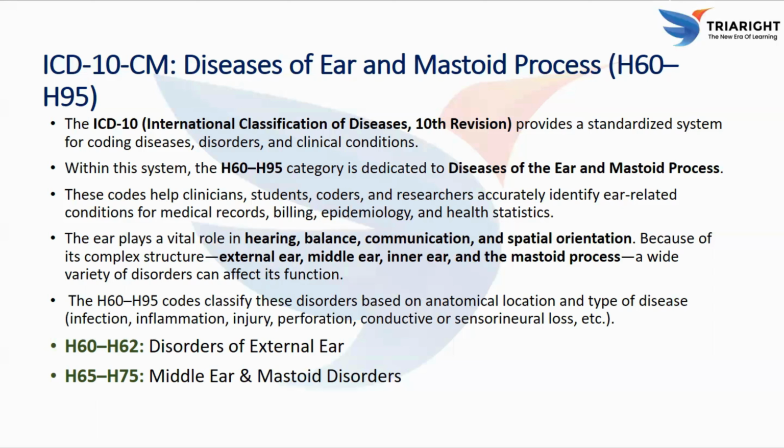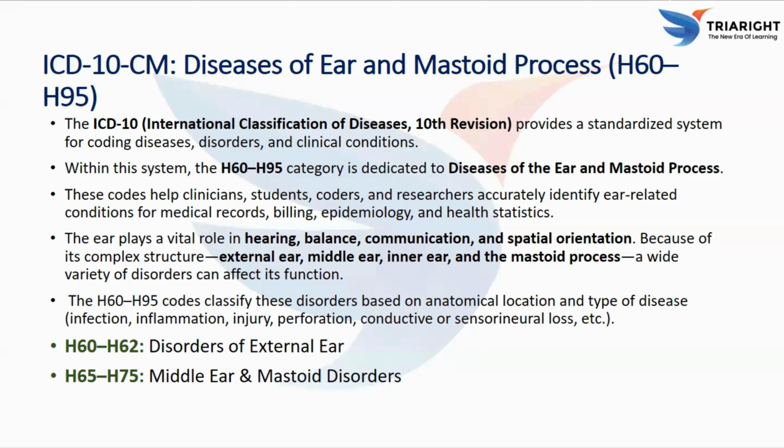Next is H65 to H75, which covers the middle ear and mastoid disorders. They cover otitis media, tympanic membrane perforation and other disorders like tympanosclerosis, adhesions, etc. Middle ear disorders often affect hearing through conductive mechanisms.